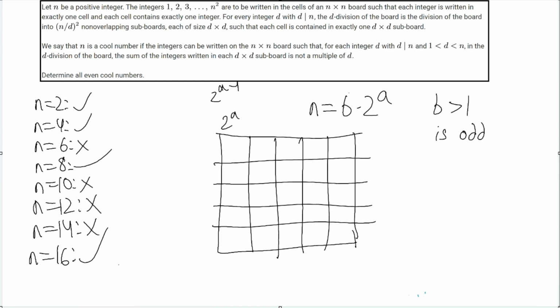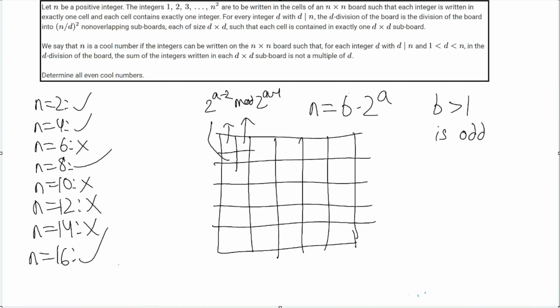And we can do this by induction on a. When a equals 1, that's just given by the d equals 2 case. When we have that 2 to the a minus 1 works, then we have that this is 2 to the a minus 2 mod 2 to the a minus 1, and then that, and that, and that.